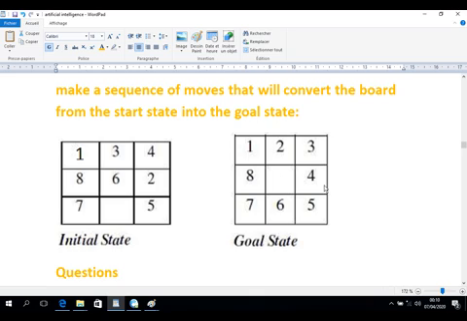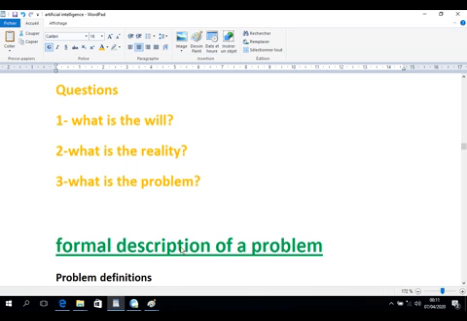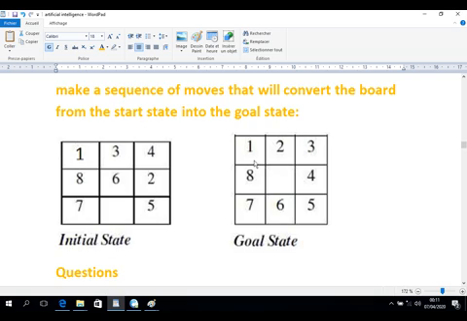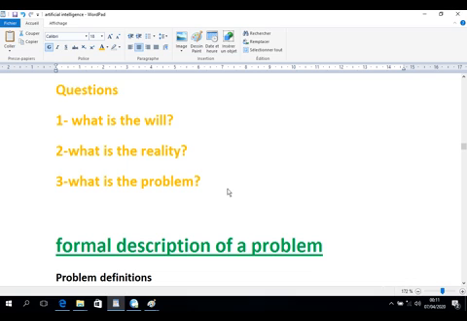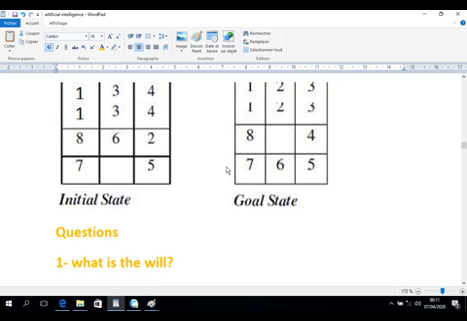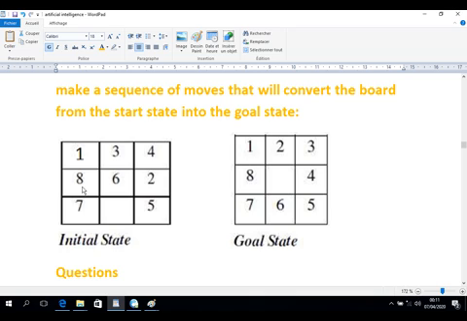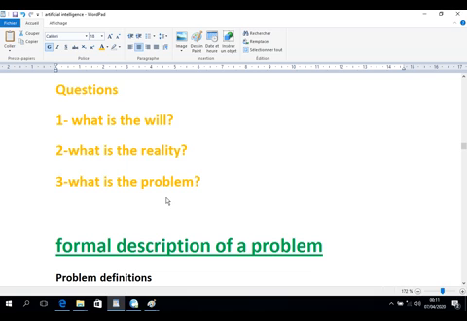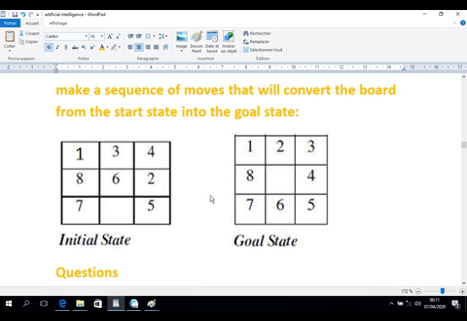So the aim is to move the pieces in such a way that they should be arranged in this manner. So there are only 4 possible moves of the empty space. So you can move the empty space horizontally or vertically. Means that it can be moved up, down, left or right.